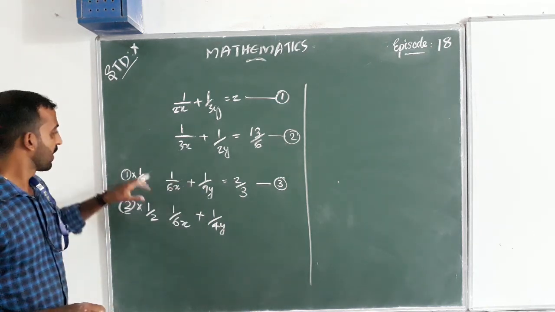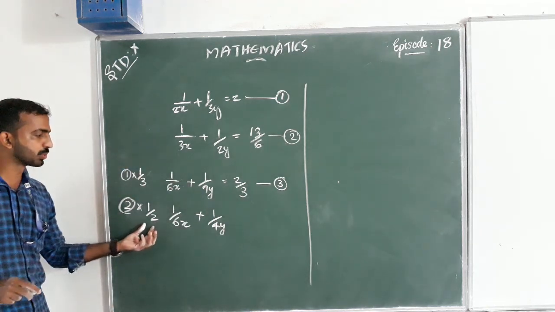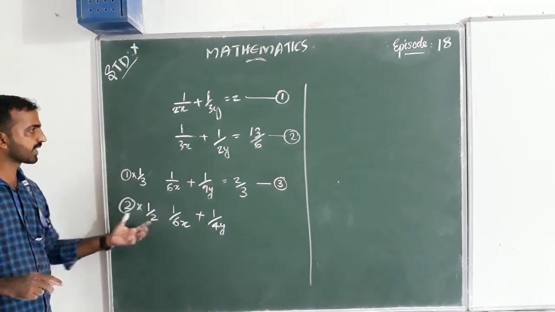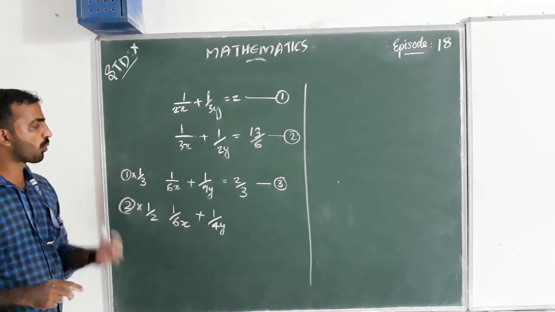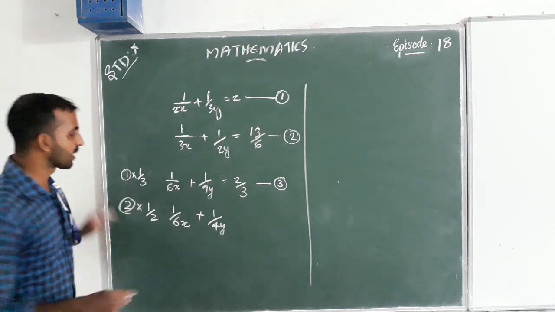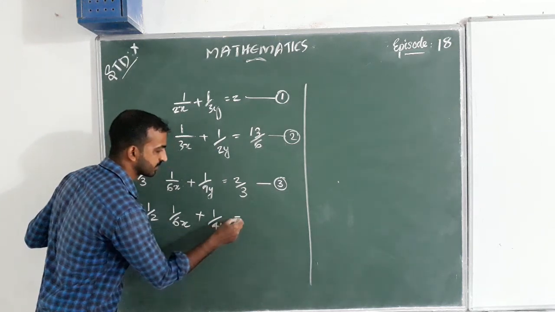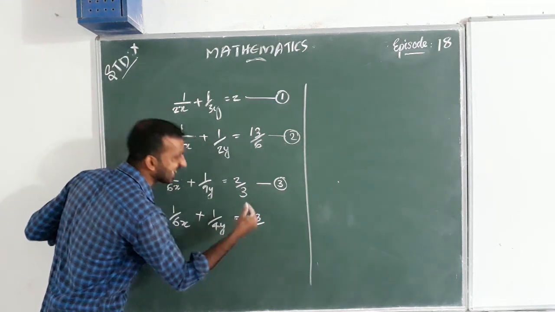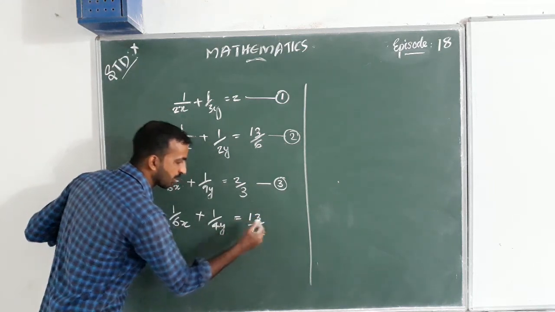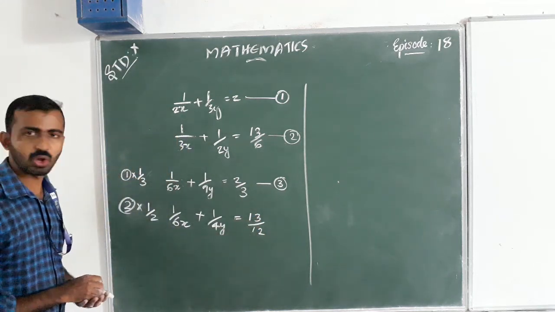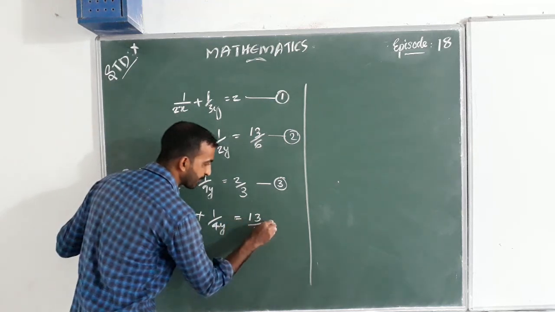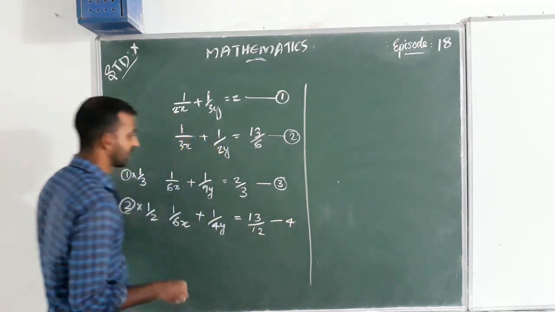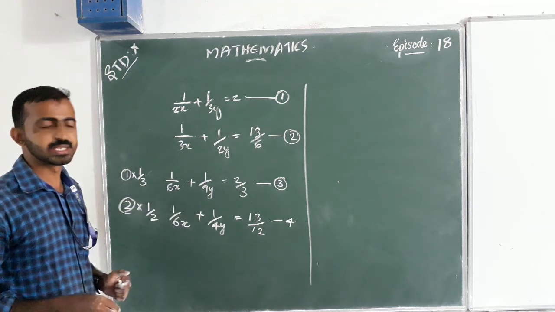Yes. When we multiply by 1 by 2 in equation number 2, we get 1 by 6x plus 1 by 4y equal to 13 by 12. That is equation number 4. Is it? Yes.